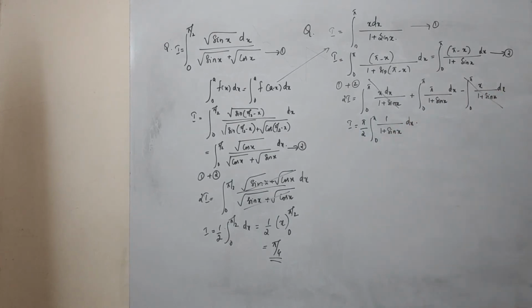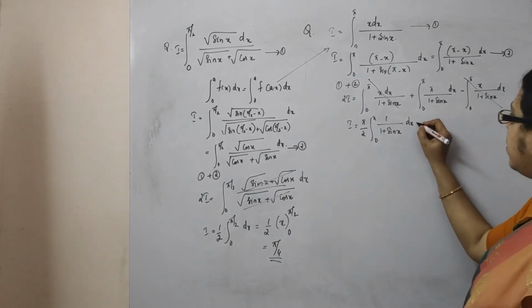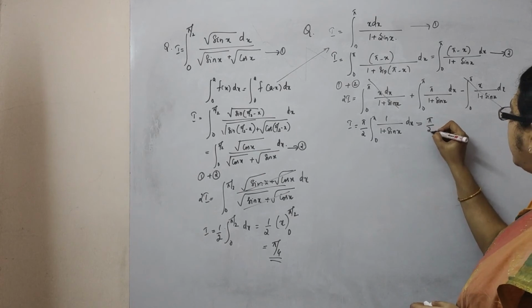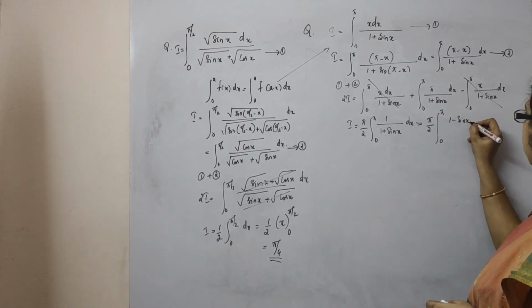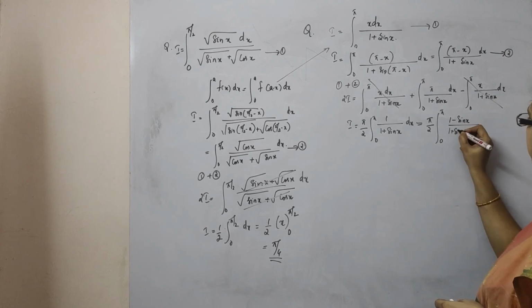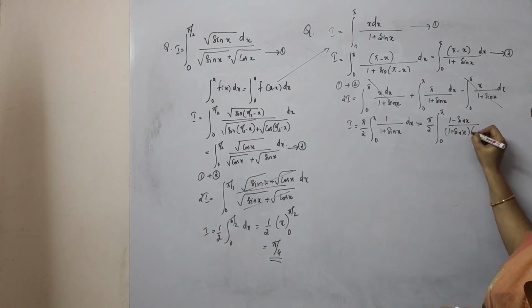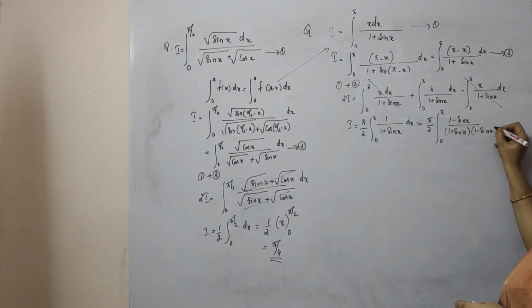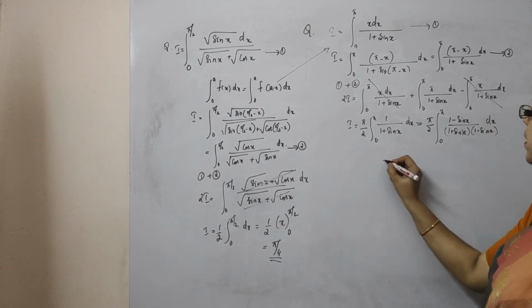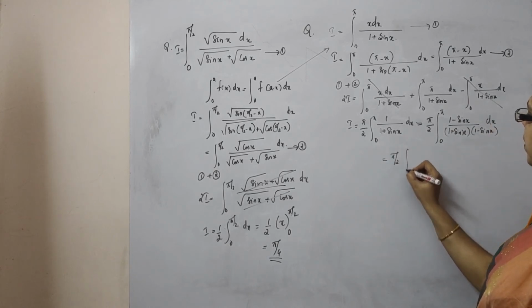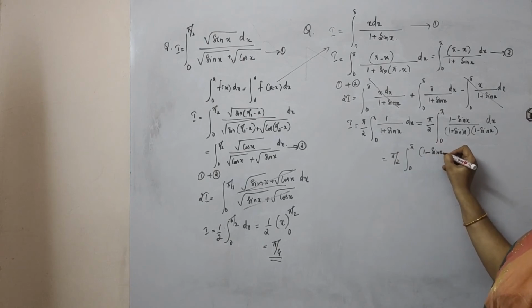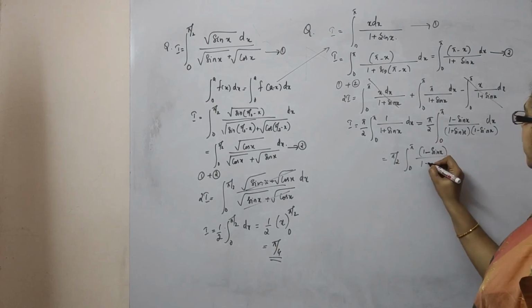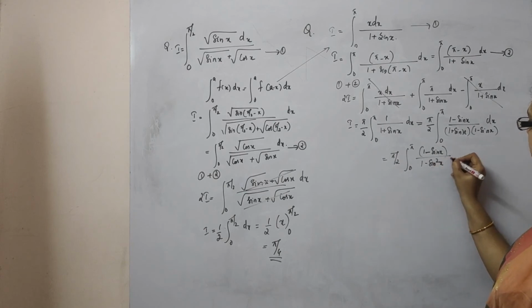Now further, I cannot do anything over here. So what I do is, I multiply by the conjugate. So I get this as integral 0 to pi of 1 minus sin x by 1 plus sin x into 1 minus sin x into dx. So what do I get here? This is equal to pi by 2 into integral 0 to pi of 1 minus sin x by 1 minus sin squared x into dx.